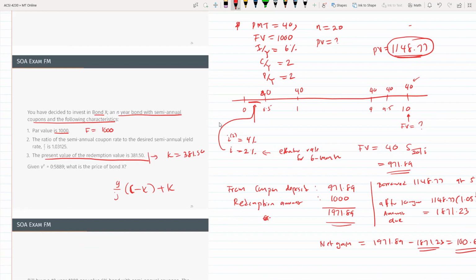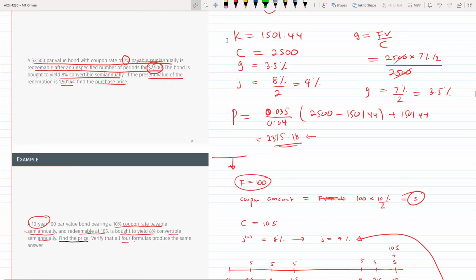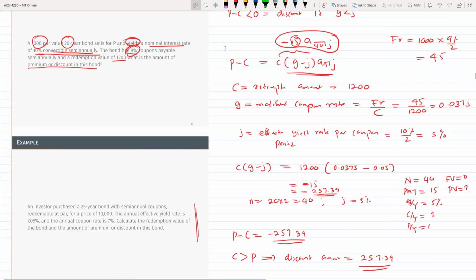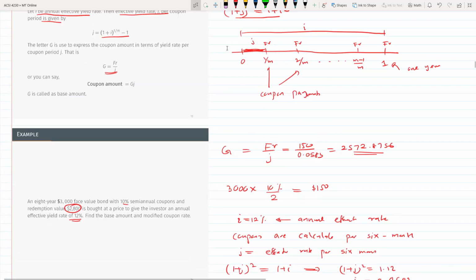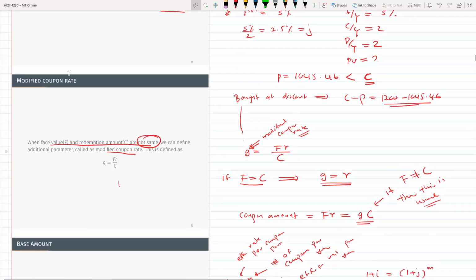And then C, the redemption amount, is a par value bond, so C is 1,000. Then what is G? If you remember, here we define G as the modified coupon rate, which is FR divided by C.